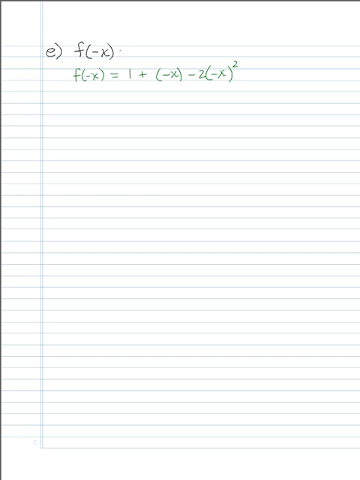So f of negative x will be equal to 1 plus minus x is minus x, minus 2 times, and when we square negative x, we just get x squared, don't we? So that's the result of squaring negative x. So the result here will be 1 minus x minus 2 times x squared, or minus 2x squared. So again, we just have to get used to the different possibilities that we might see.